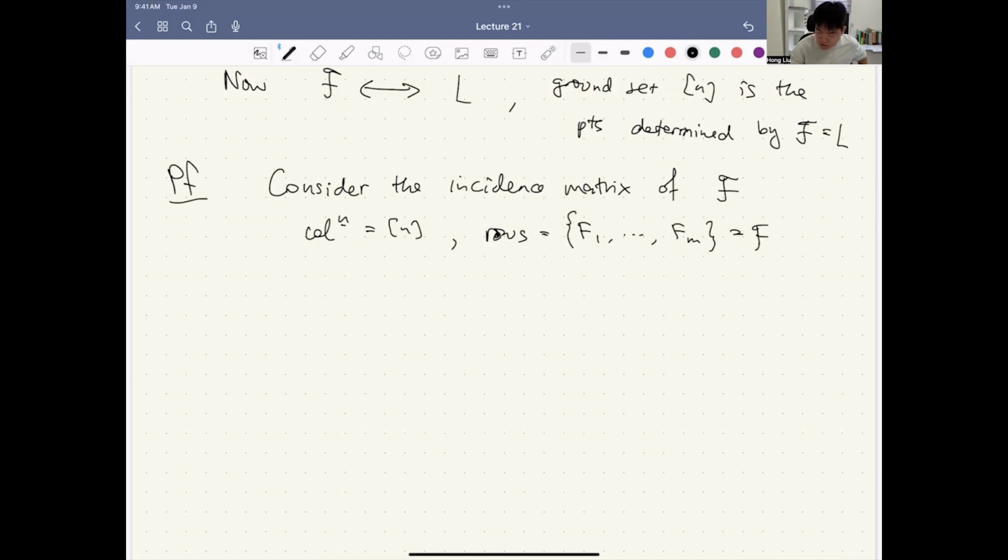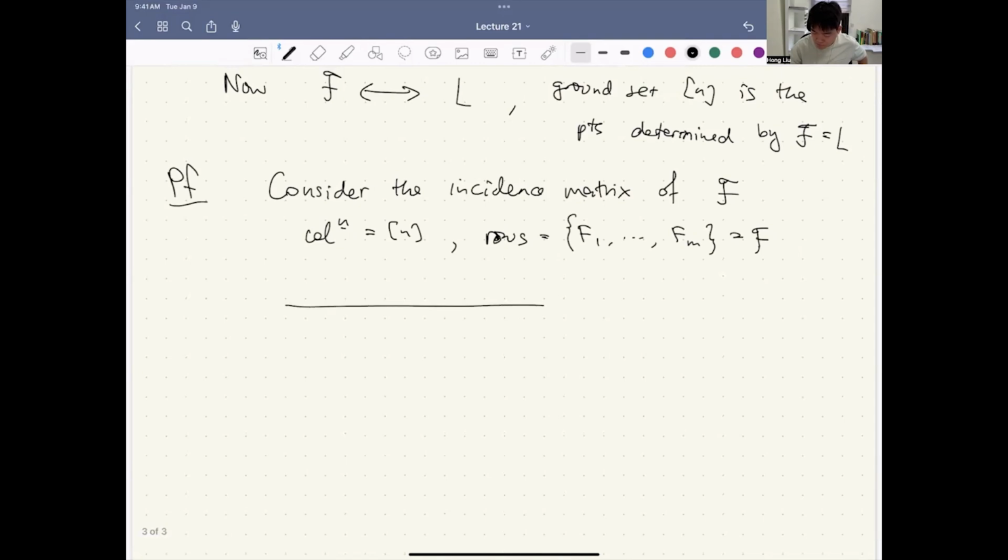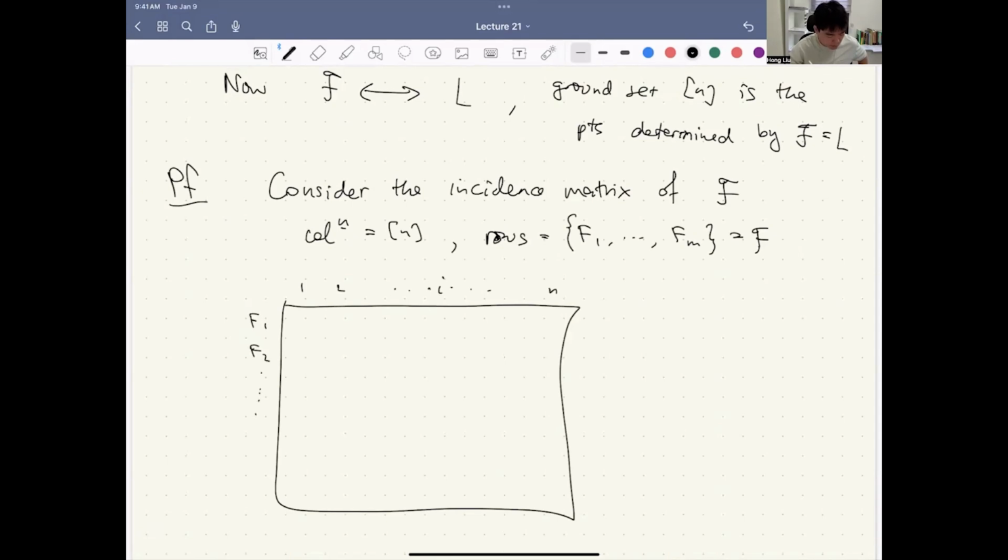It looks something like this. So the rows are the sets, right?